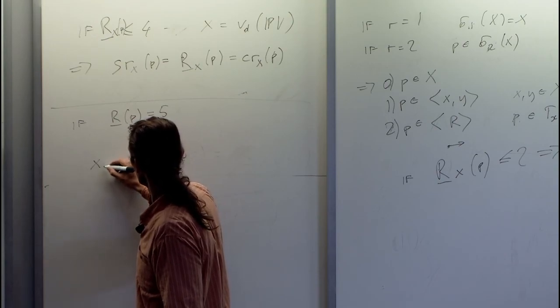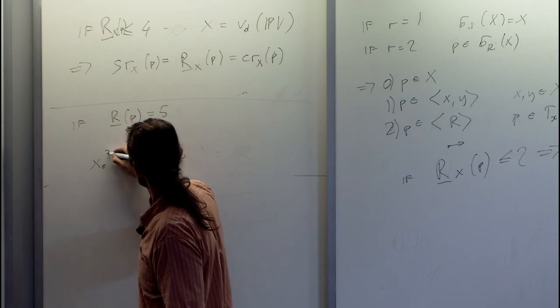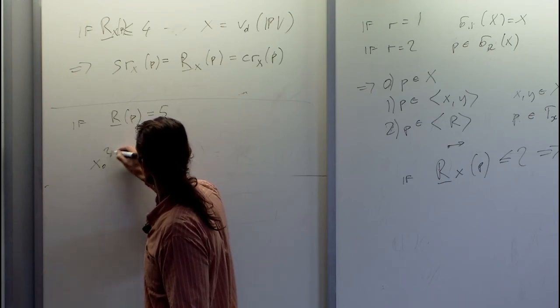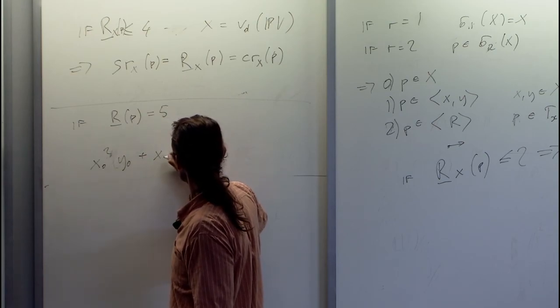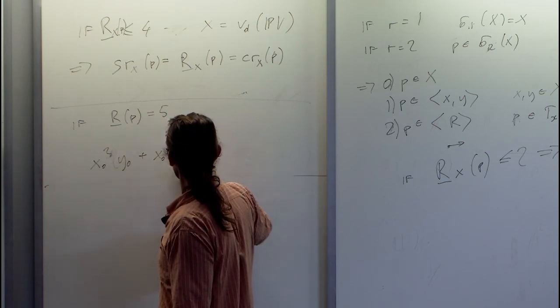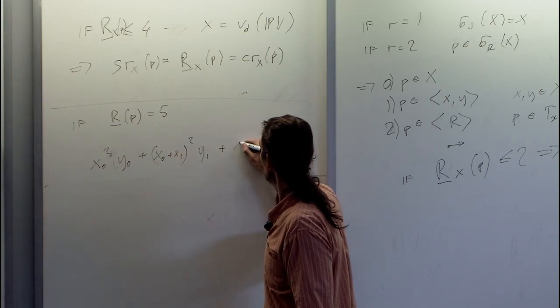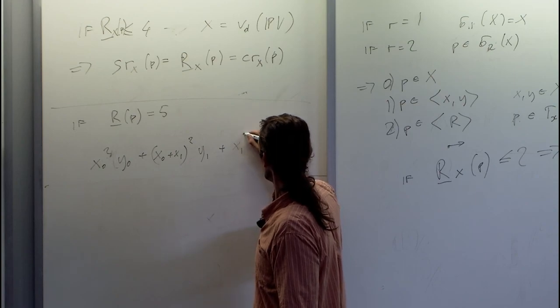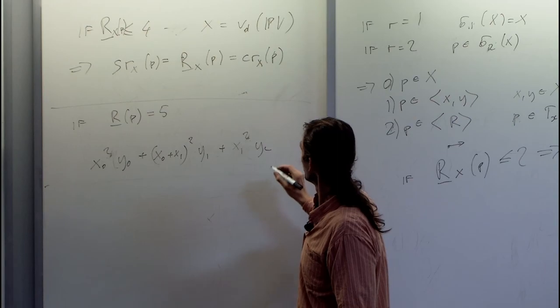which is x0 cubic, x0 squared y0 plus x0 x1 squared y1 plus x1 squared y2.